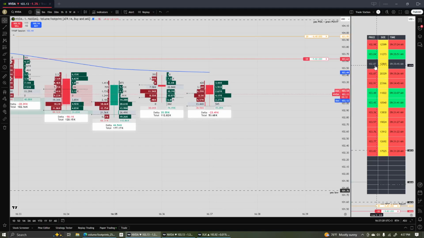What am I seeing? I'm seeing a mix of buy and sell. 20 seconds till the close.